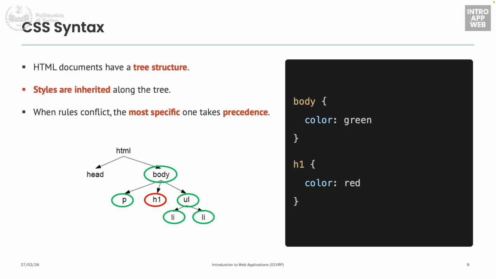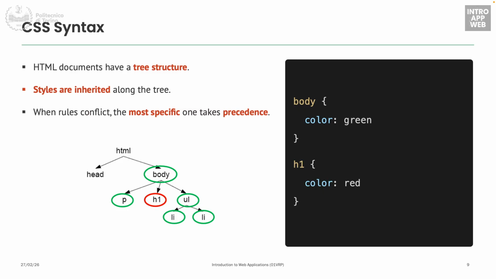And when there are conflicts or overlappings between the styles, what happens? The more specific one is the one that prevails. So it's exactly like in this example, no? I said I want the color in all of my HTML, I mean all the elements within the body, to be green. What does it mean?